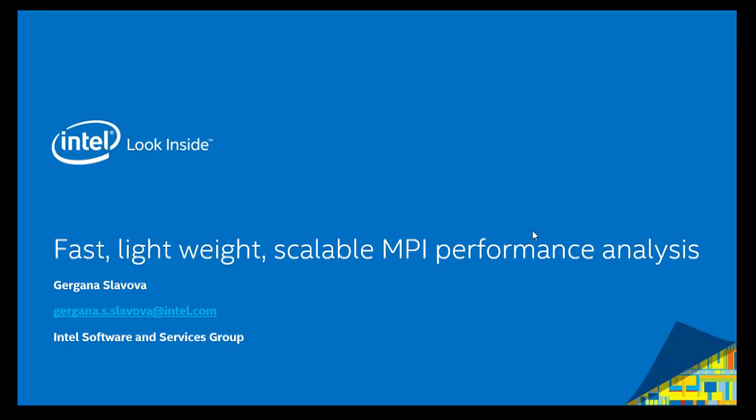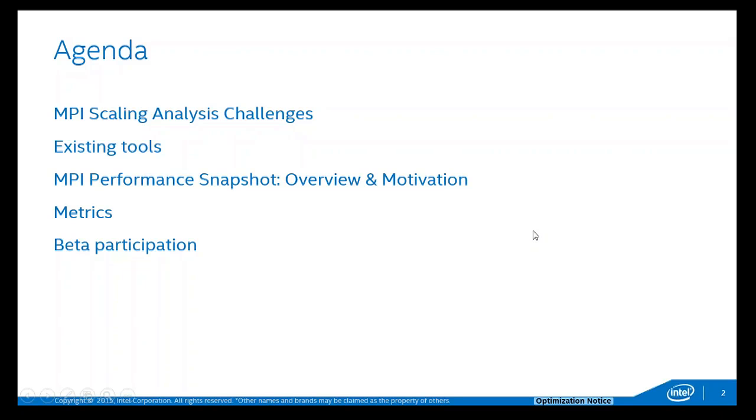So the first thing we're going to do is talk about some of the challenges we face in terms of doing scalable MPI analysis, and talk about some of the existing tools. And then we're going to delve a little bit into the MPI performance snapshot, which is trying to solve exactly those same challenges we had discussed before.